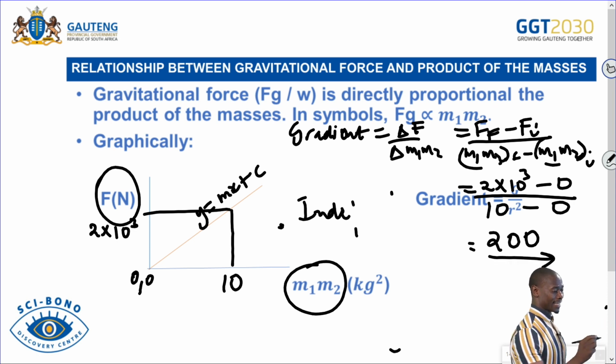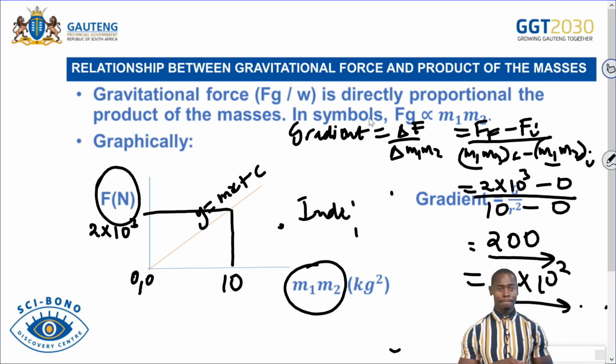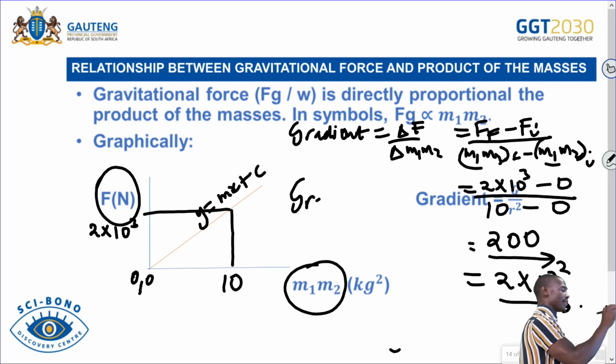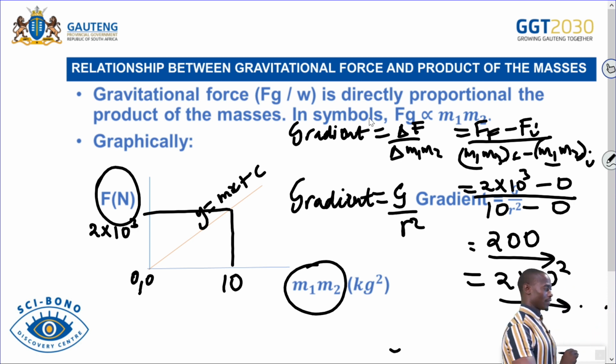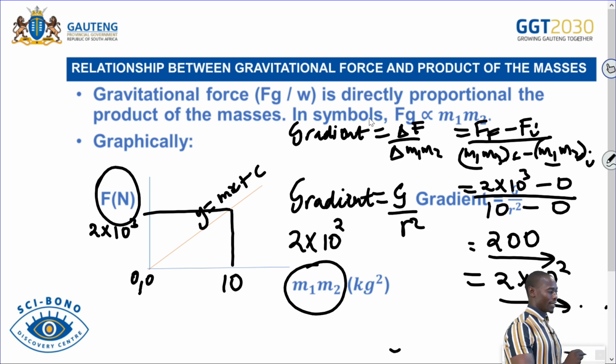Okay, that is the gradient. The gradient is 200, or 2 times 10 to the power 2. Now I have the gradient, but I know that the gradient represents G over r squared. So the gradient is 2 times 10 to the power 2, or 200.